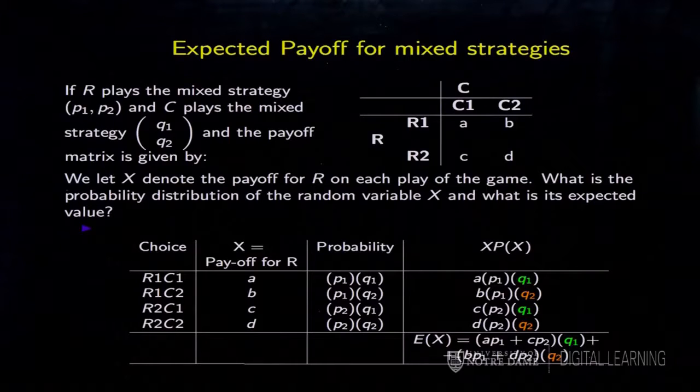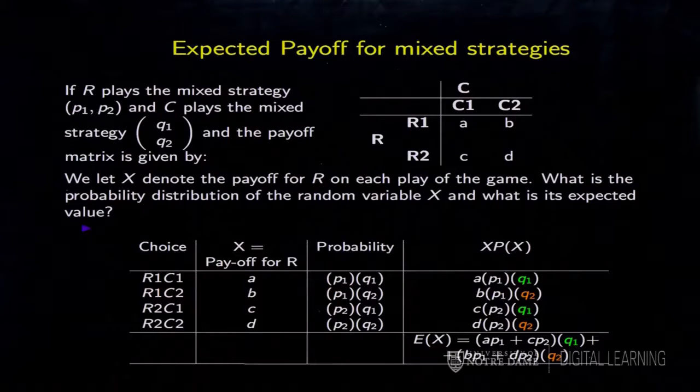Now to calculate the expected value of this random variable X, we need to multiply the payoffs, the values of X, by their probability. Multiplying the entry in the second column times its probability, we get the entry in the last column.